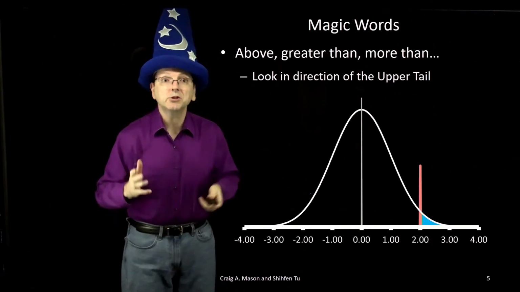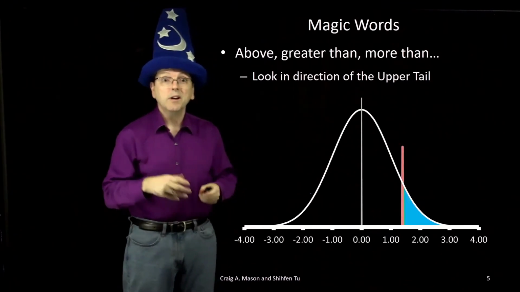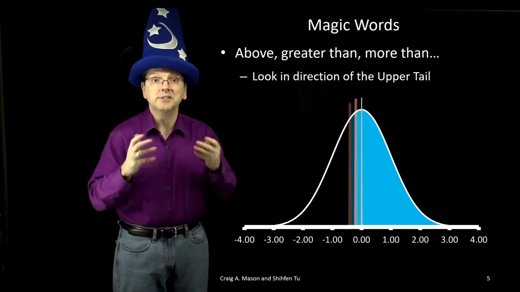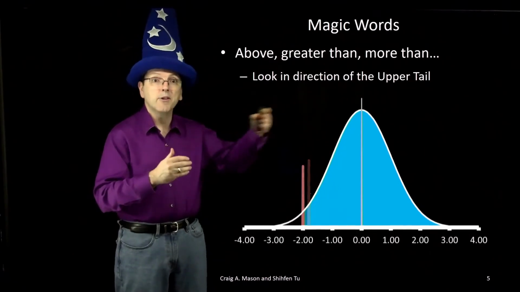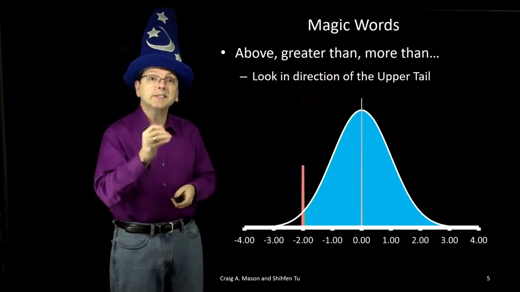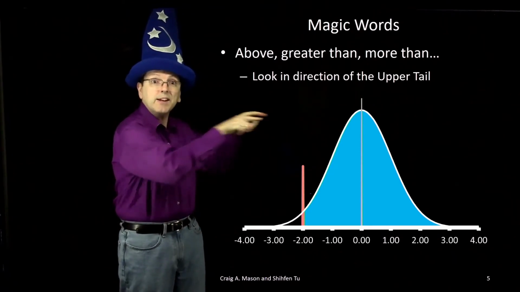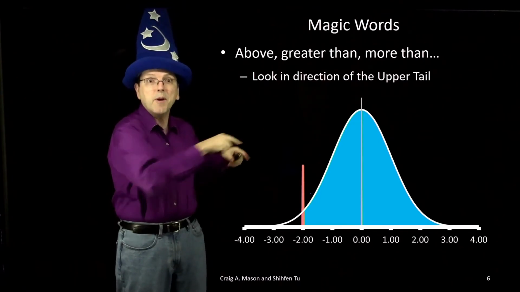It doesn't matter what the score is, whether it's a big positive z-score or a small positive z-score or even a negative z-score. Questions of above, greater than, more than are asking about the area from the z-score to positive infinity in the upper tail. This blue area right here.